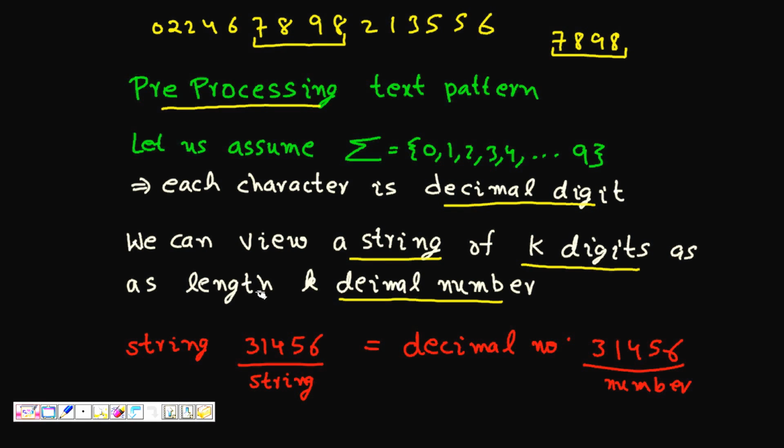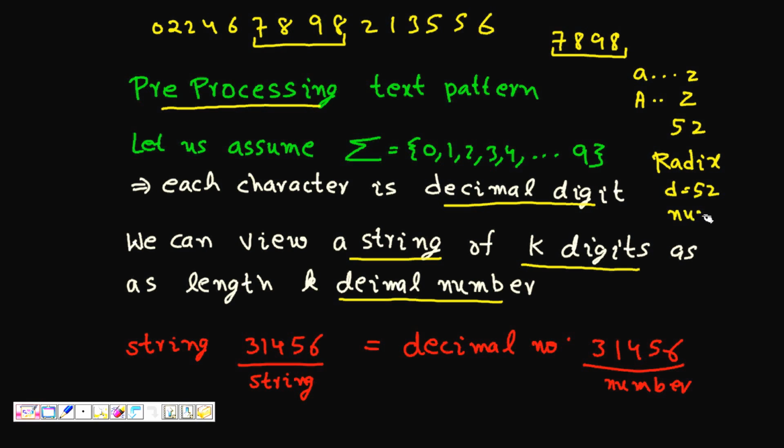Now what will happen if I have an alphabet like a to z, and then capital A to capital Z? In this we have 52 characters, and we can take a radix d equal to 52 number system.